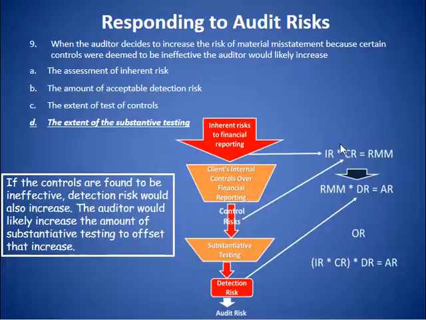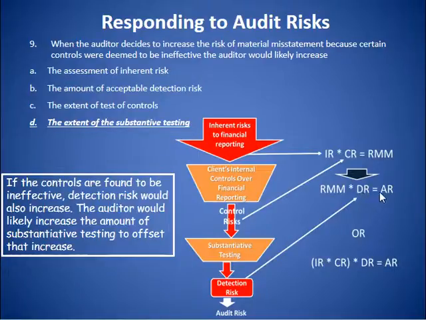Over the right hand side, you can see this is expressed as an equation. This is the AICPA risk model, and it shows inherent risk is affected by control risk, and these two items combined become a risk of material misstatement. We also know that the risk of material misstatement is impacted by our detection risk, which is a result of our substantive testing.